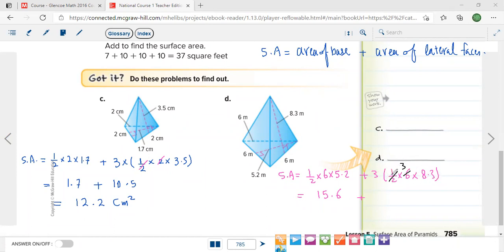So this is like 9 times 8.3. 9 times 8.3 will give you 74.7. Now, if you add this 74.7 to 15.6, this should give you 90.3 meter square because this is an area.